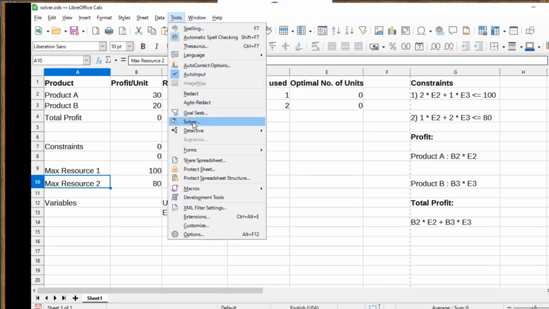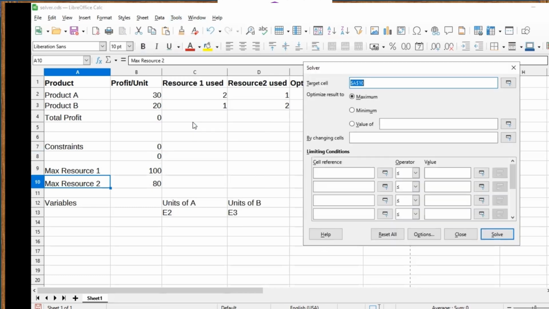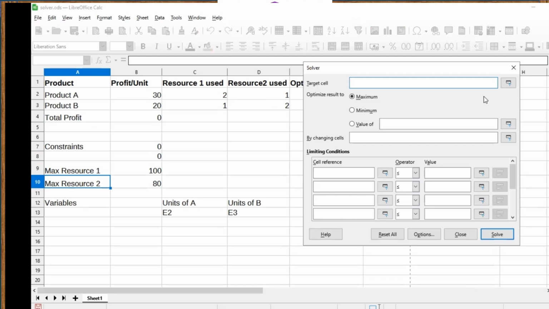The sheet is ready. Now select the Solver option from the Tools menu. A Solver dialog box is displayed on the screen. Let's set up Solver. Objective: set to cell B4, total profit.